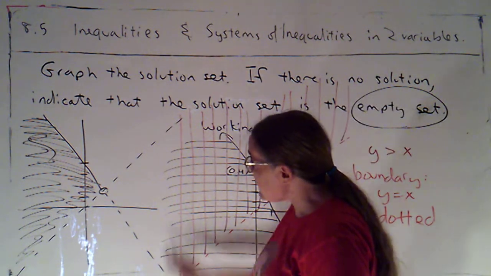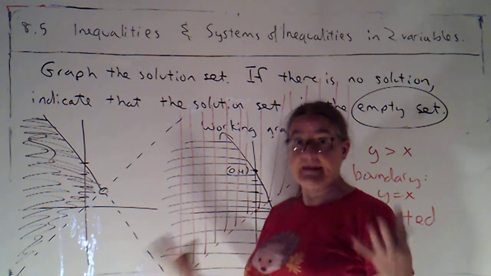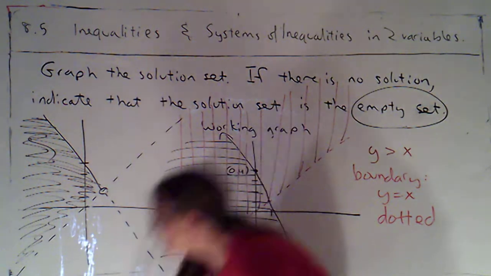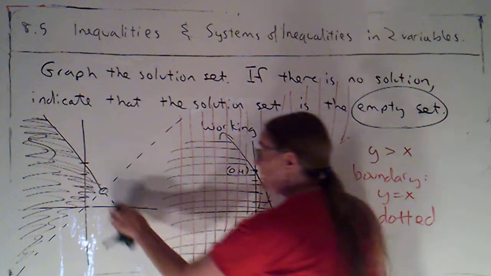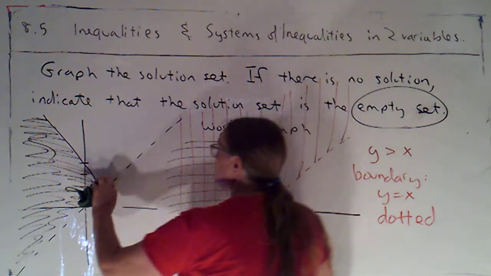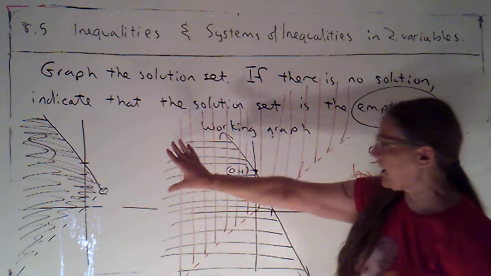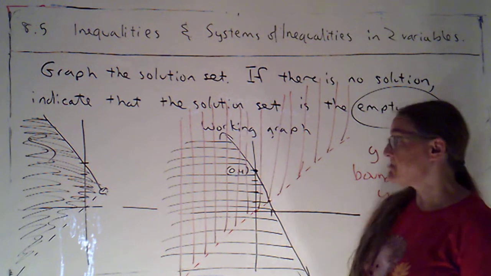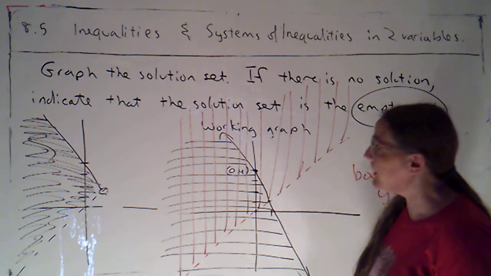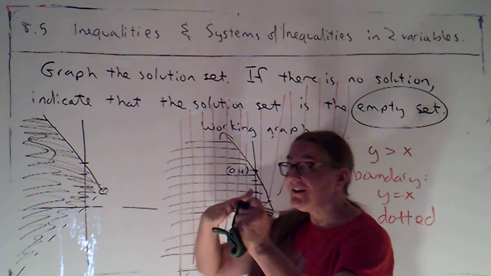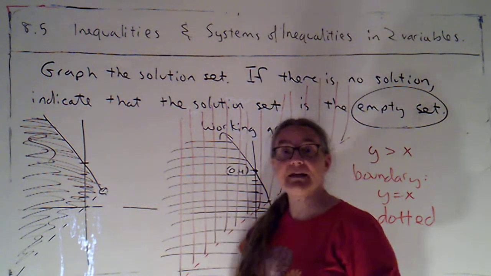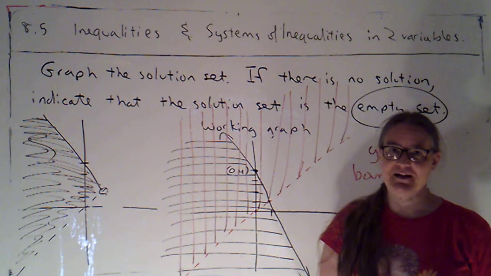Now, I'm okay if you find it helpful to draw in the entire boundary lines as long as they're dotted lines where they don't count. If you want to just draw the boundary of the shaded region, that's totally fine as well. Just make sure that it's clear that that corner point, which is where those boundary lines meet, is not included.